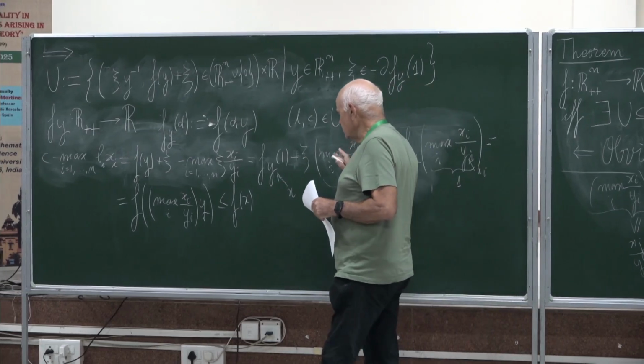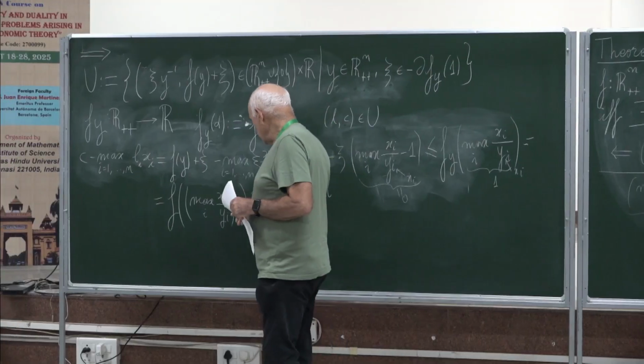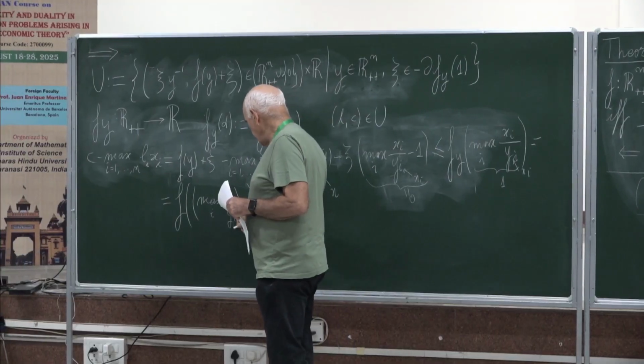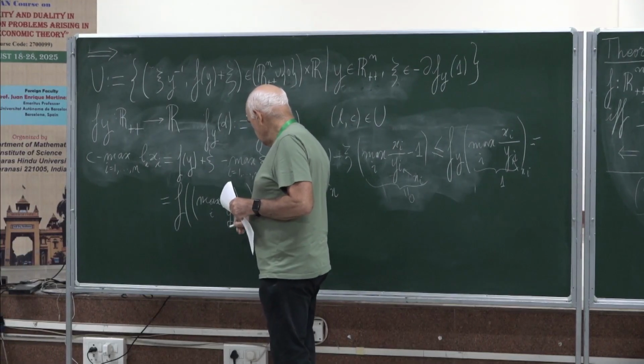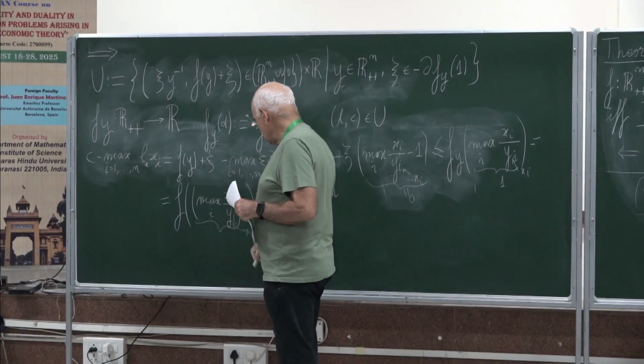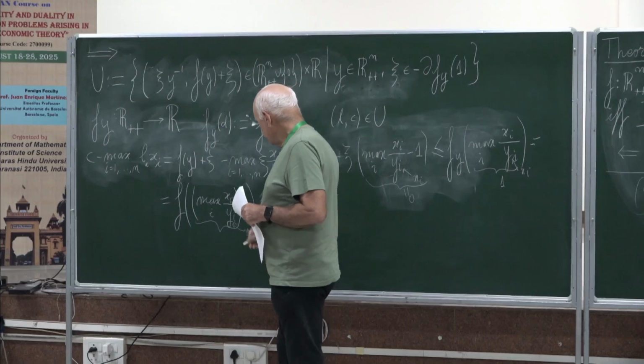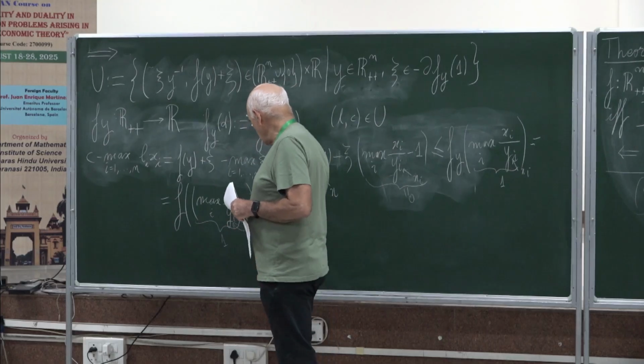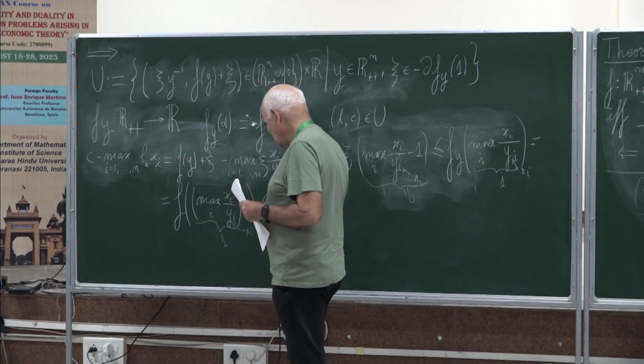That's okay, nothing new. But here, yi is xi, so this maximum is equal to 1.